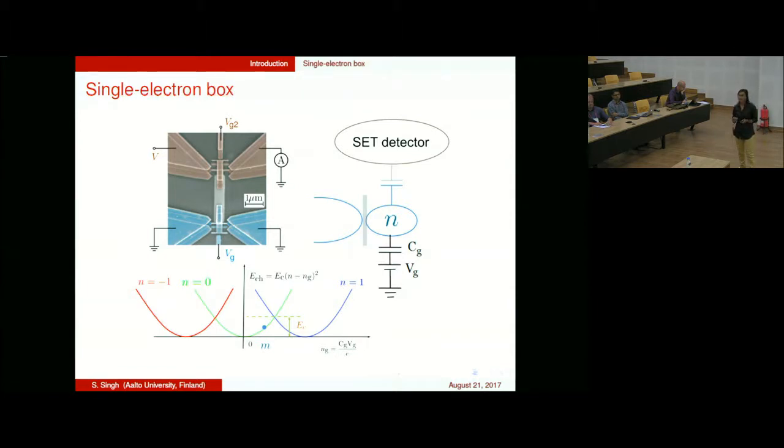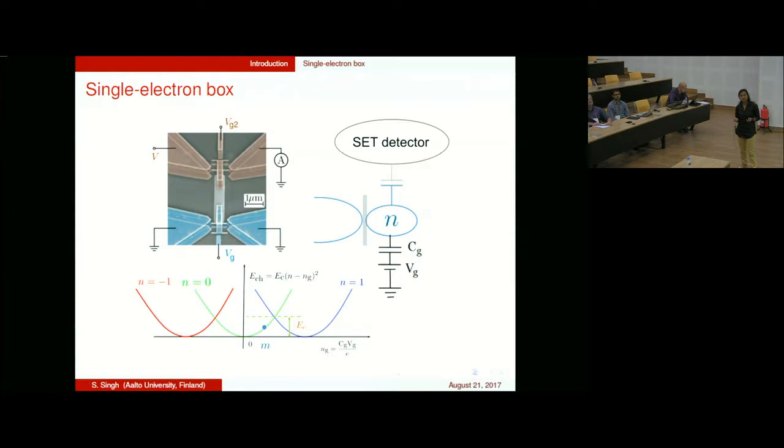Cg is defined by the fabrication process. This coupling capacitance we define when we are making the sample, and it's fixed after we have made it. We can of course modify it in a different fabrication process, but it's constant over a measurement for one sample. And this Vg is the gate voltage, a free parameter that you can vary while you are doing the measurement.